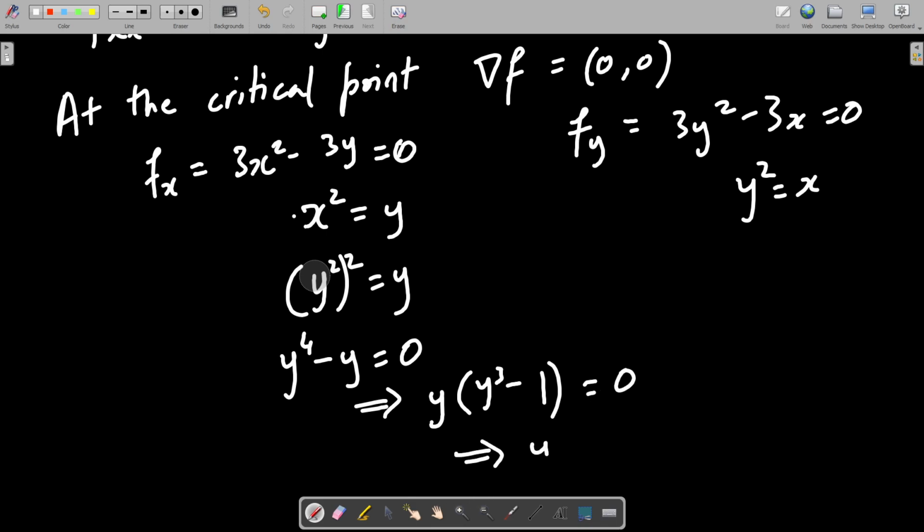So this implies that y is equal to 0 or y cube is equal to 1, right? But whose cube becomes 1? Only plus 1 gives you cube as 1, right? Minus 1 gives you cube as minus 1. Okay, so this will imply that y is equal to 1. Minus 1 will not give you plus 1 as a cube.